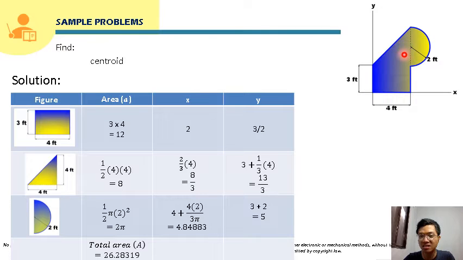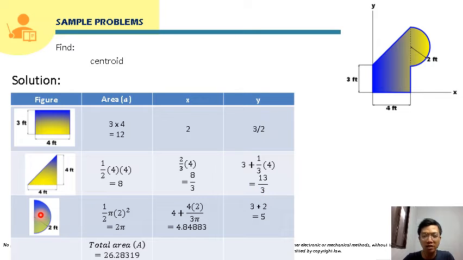This distance is 1/3 of this side, which is 4 feet. So the y-coordinate of the triangle from the reference point will be 3 plus 1/3 of 4, so that will be 13/3.